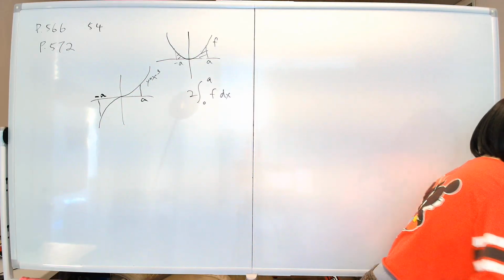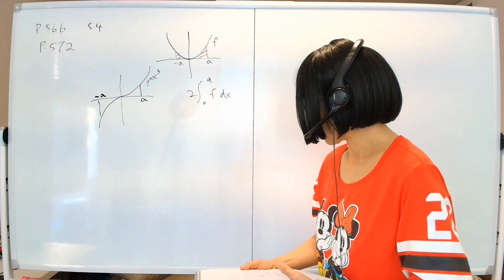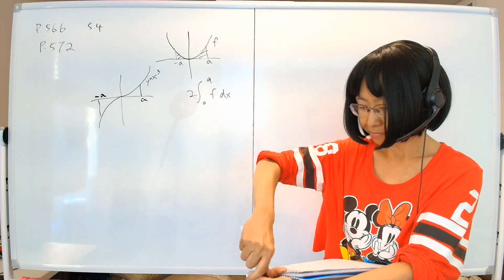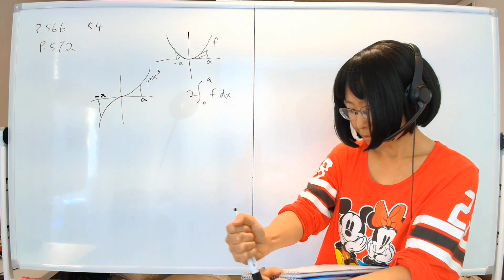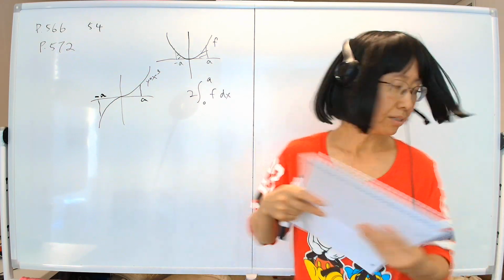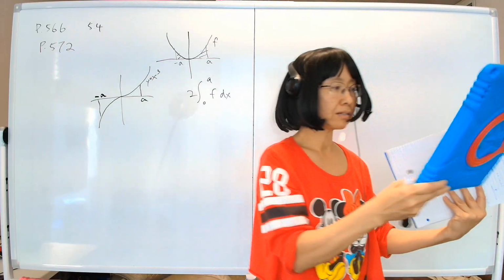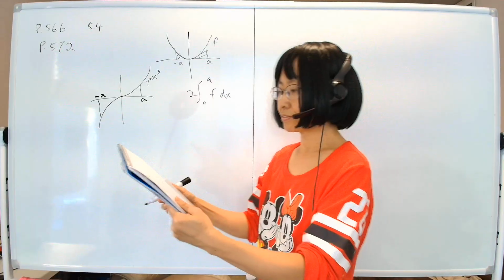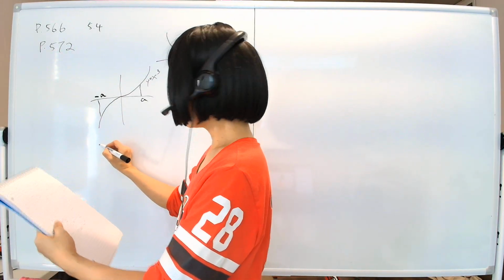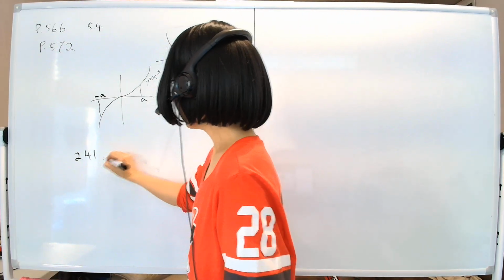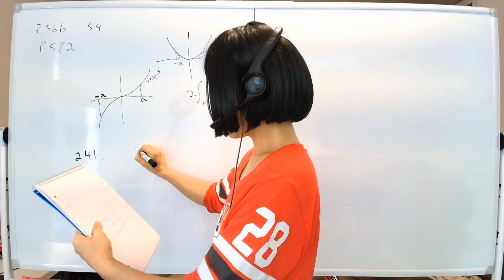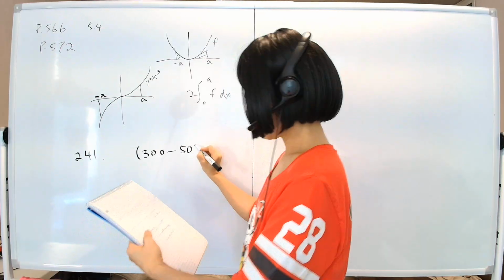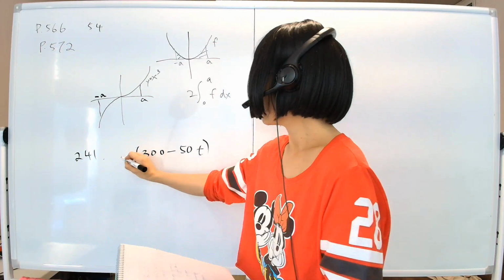All right, so we have two situations happening here. One is she is walking and burning something like 300 minus 50t. That's the burning of the calories, so that's negative. She's burning 300 minus 50t, and that's a negative value because it's decreasing.